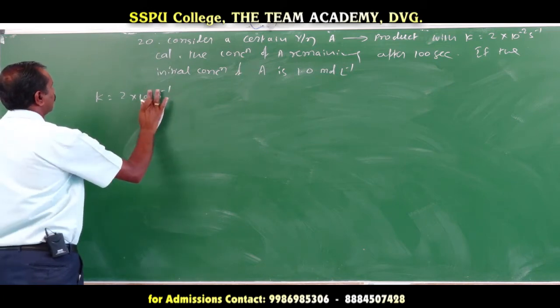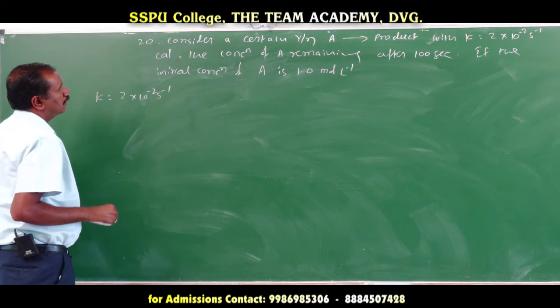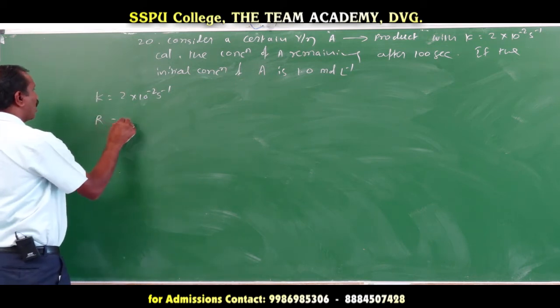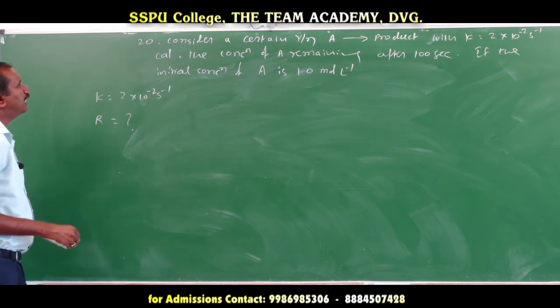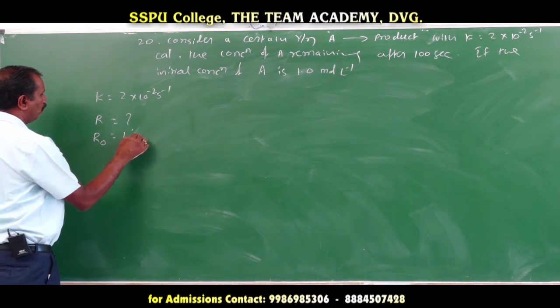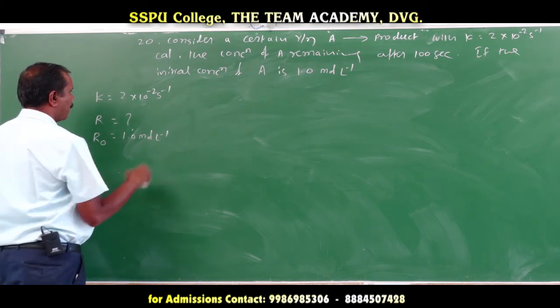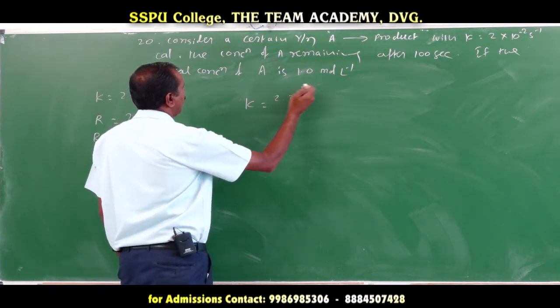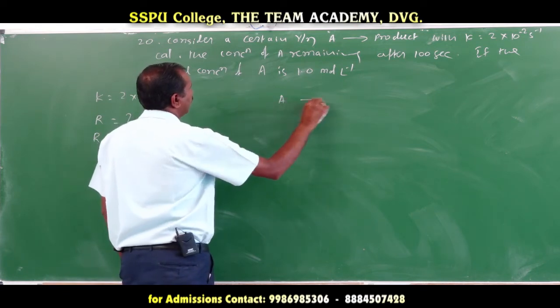The concentration remaining after 100 seconds means you have to find out R. The initial concentration of A, R naught, is given, that is 1 mole per liter. K can be calculated using a formula, but before that I will write, A gives product.